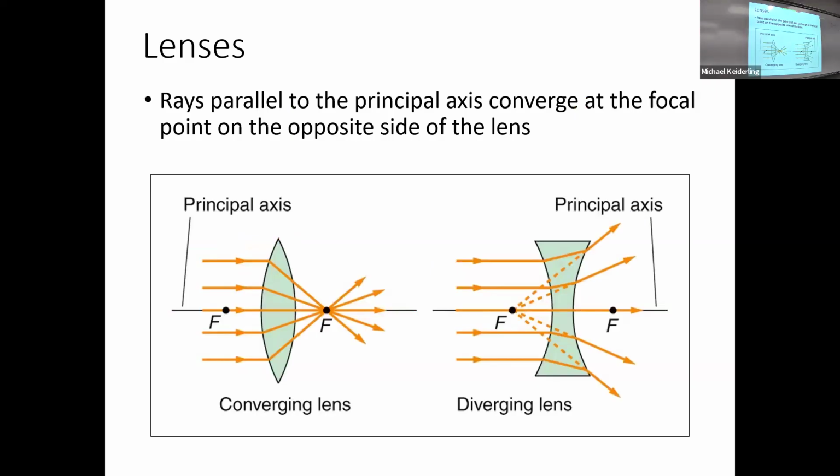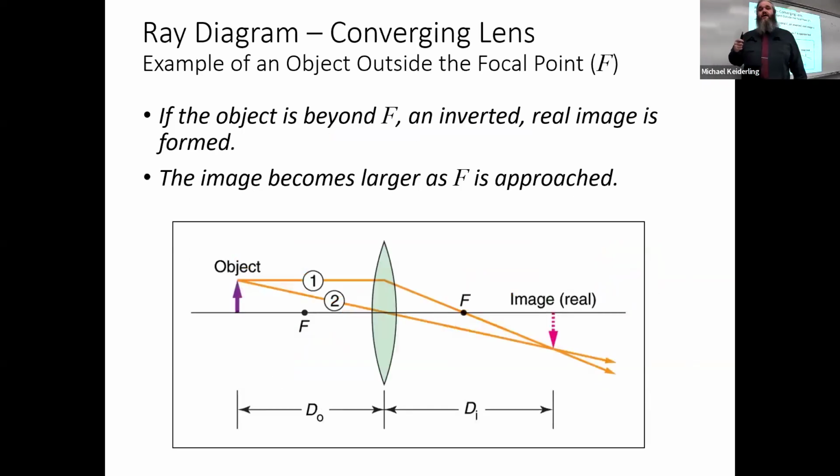Now lenses are similar to mirrors. Rays parallel to the principal axis will converge at the focal point on the opposite side of the lens. The big difference with lenses is that positive image distances and real images are on the far side of the lens from the object, instead of on the same side like with a mirror, because there's no reflecting going on.